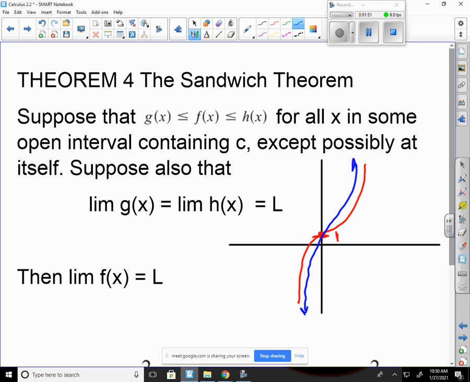All right? And then let me label these. I have g of x here. So g of x, if you look at it, is always below h of x, or f of x that I just drew.